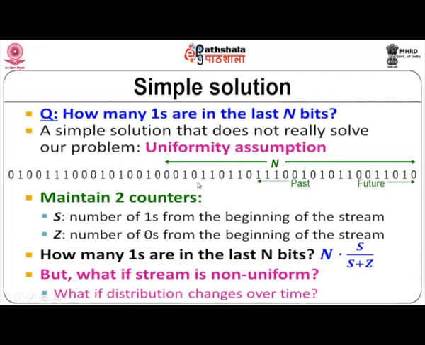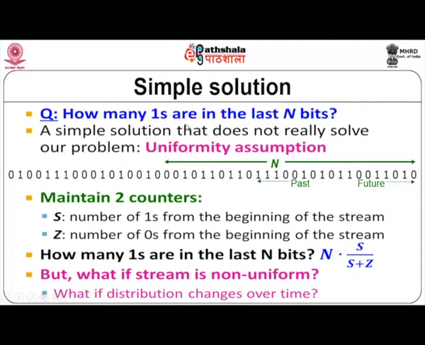For this, you will have to maintain two counters: one counter for highlighting the number of ones from the beginning of the stream, and another counter for indicating the number of zeros from the beginning of the stream. Now, if your analysis is all about ones, then you will have to work on the variable s. If your analysis is about the occurrence of zeros, then you will have to work on the variable z.